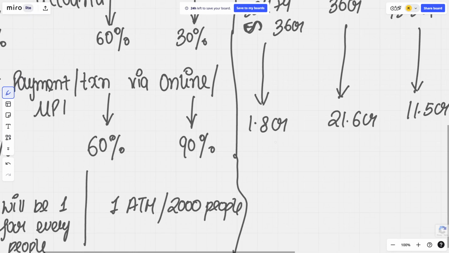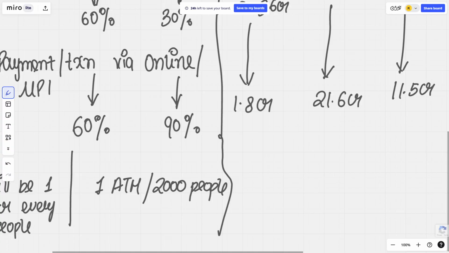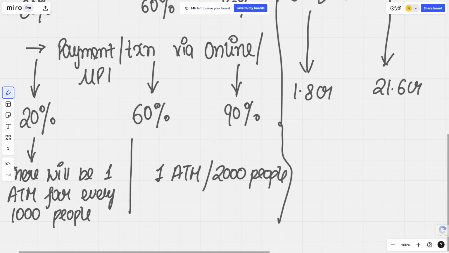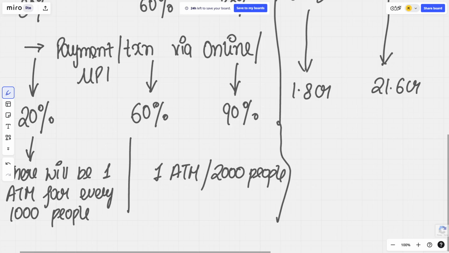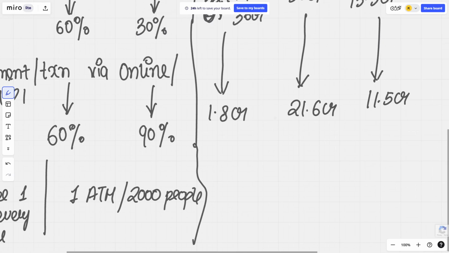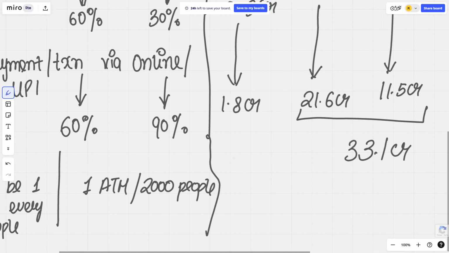And we are getting a total of... so we will not be doing the total because we have taken that. There will be one ATM for every 1,000 people, and for tier 2 we can make a summation that will be 3 CR, and here we have 1.8 CR.